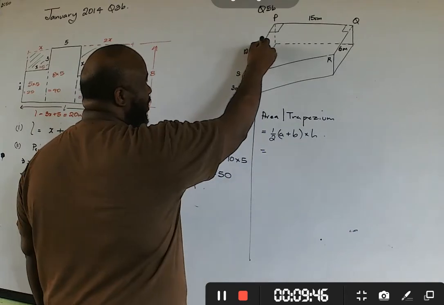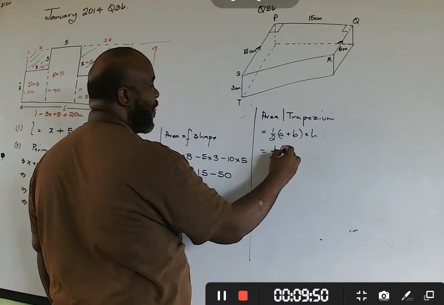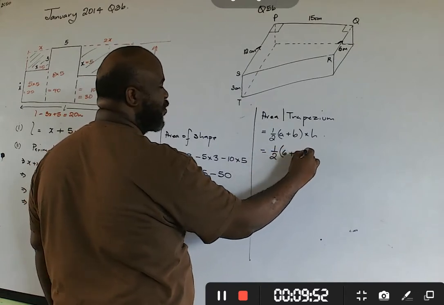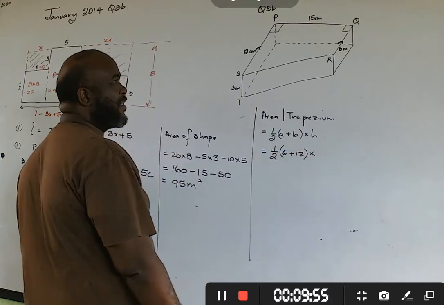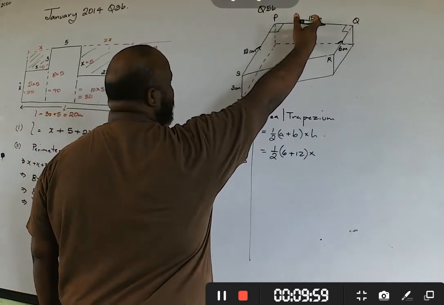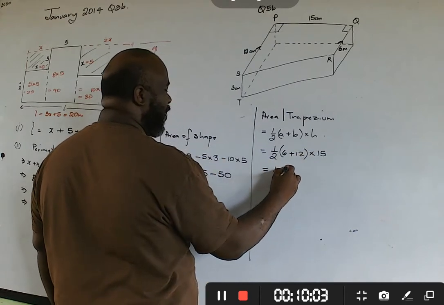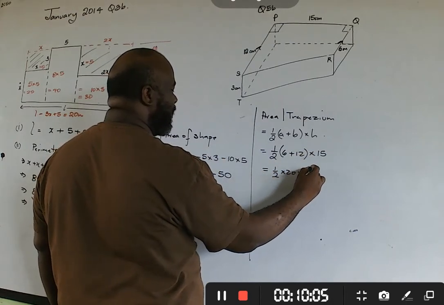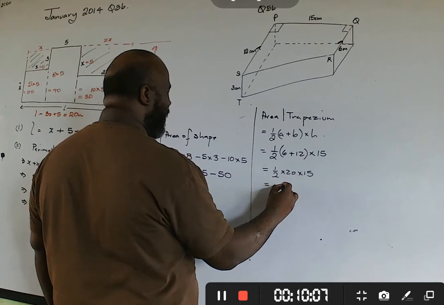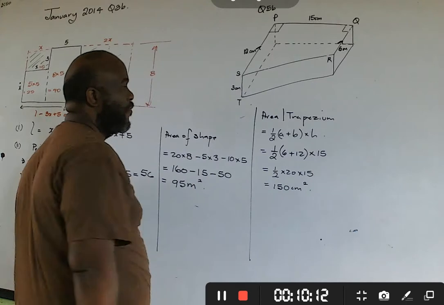QR and PS. So this is a half, 6 plus 12, times H. H is the perpendicular distance between the two sides, which is what? 15 centimeters. This is a half of 20 times 15. This is 150 centimeters squared.